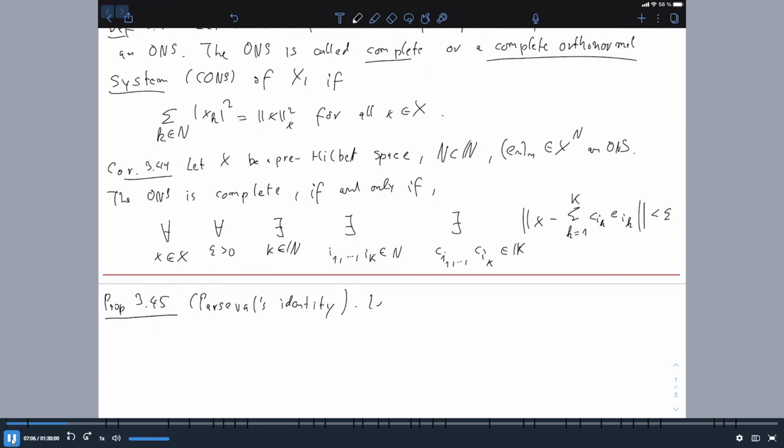And again, we are in the very same setting as before. So we have a normed vector space with scalar product, so a pre-Hilbert space, and a complete orthonormal system.